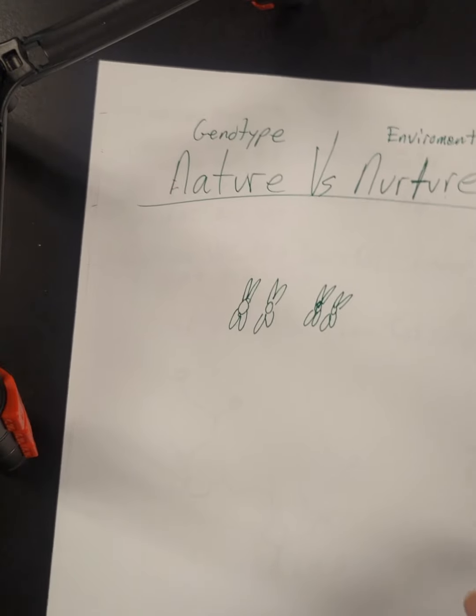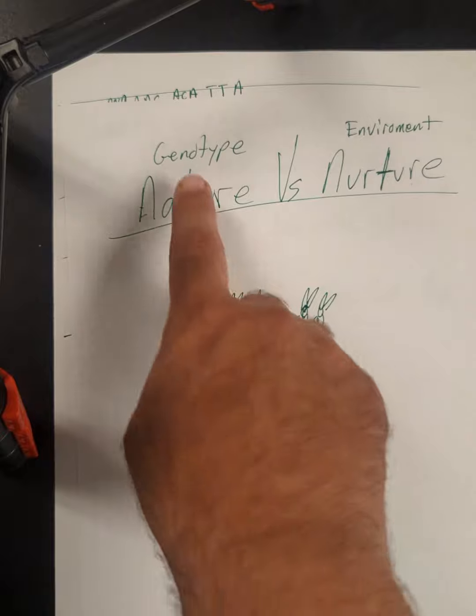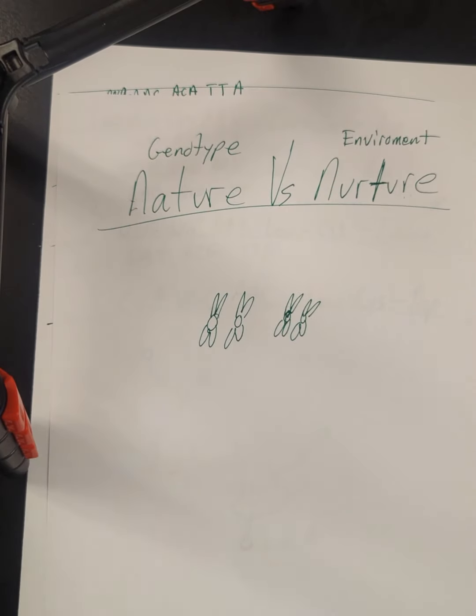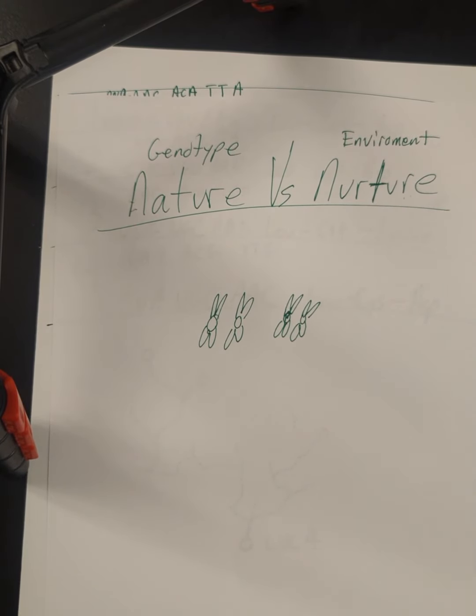We talked about nature versus nurture, or genotype versus the environment. And basically, you know, you might have the genes for being 7 feet tall, but if you eat nothing but Twinkies 24/7, you're probably not going to be 7 feet tall. Your nutrition isn't there.